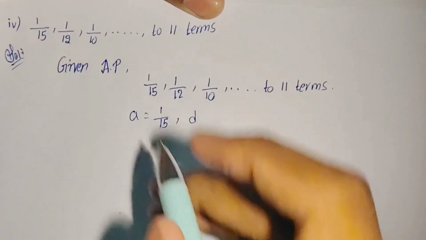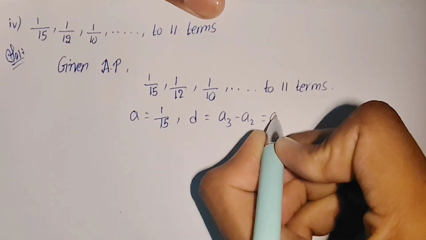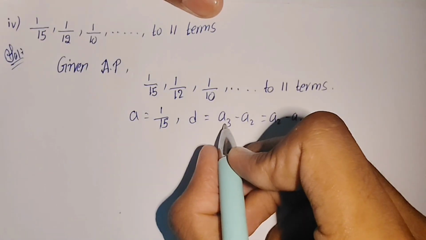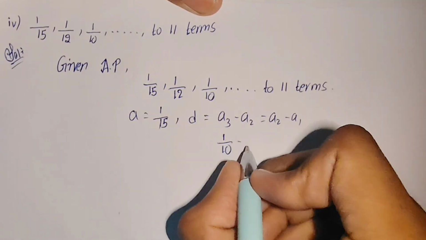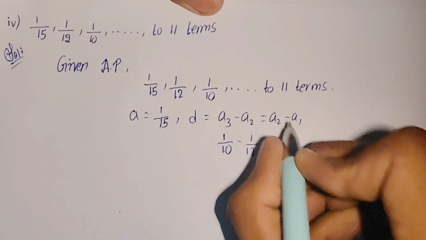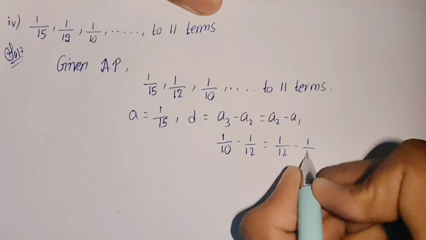After, D is equals to A3 minus A2, want to be equals to A2 minus A1. So the value of A3 is 1 by 10 minus the value of A2 is 1 by 12, equals to the value of A2 is 1 by 12 minus the value of A1 is 1 by 15.